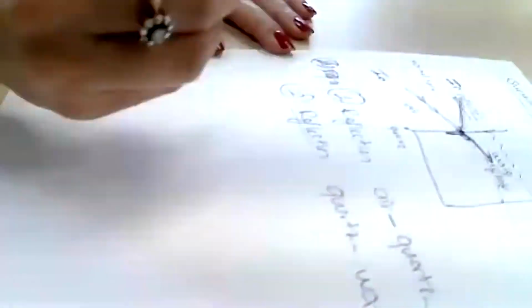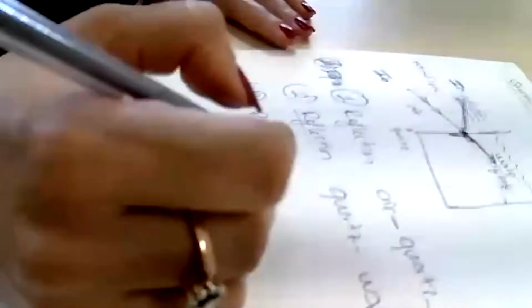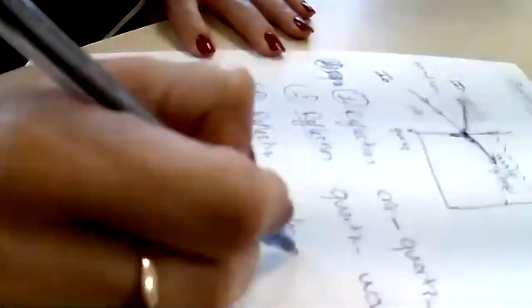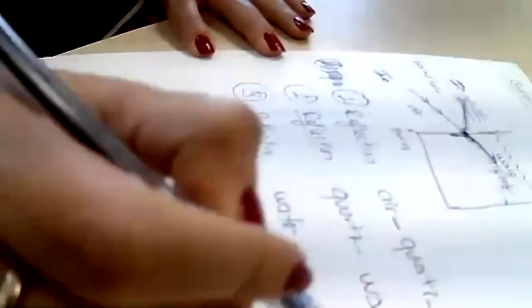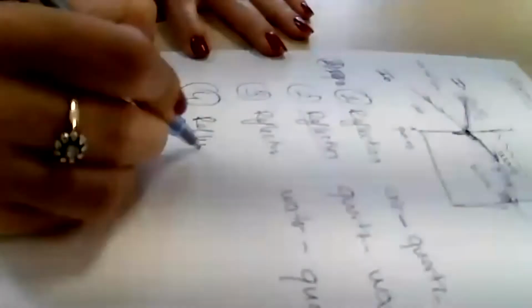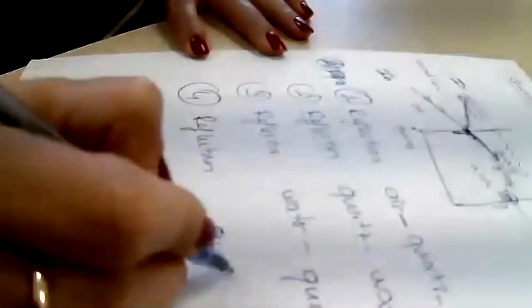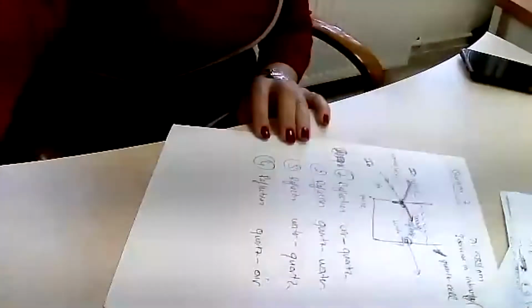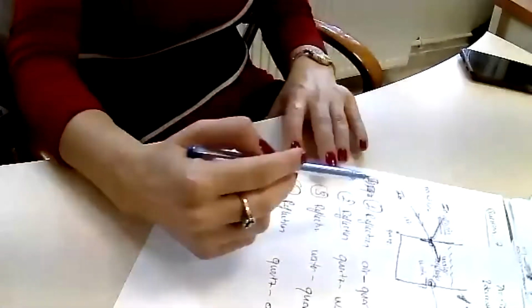Again here, the third reflection will occur at the water-quartz surface. And when leaving the quartz cell, the fourth reflection will occur, quartz-air. So we will see four reflection processes here.